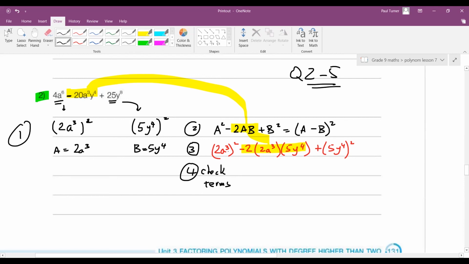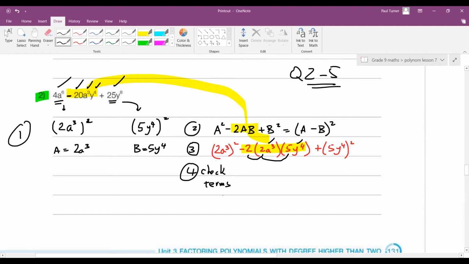So (2a^3) squared is 4a^6, so this one's okay. And the last term should be correct because we did that already. Then check your middle term. 2 2s are 4, 4 5s are 20. Okay, minus 20 is correct. a^3 y^4, a^3 y^4. So the middle term is also correct.